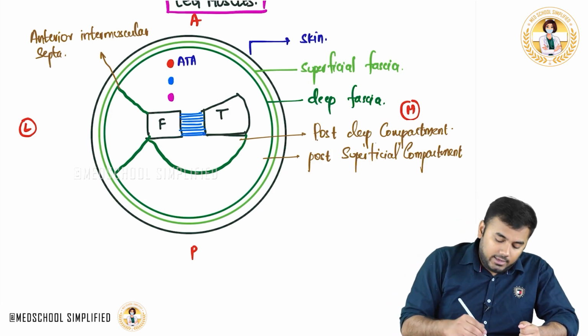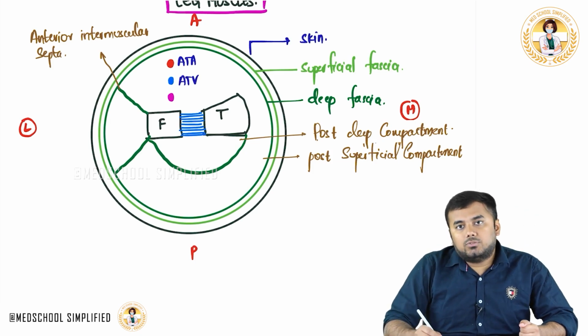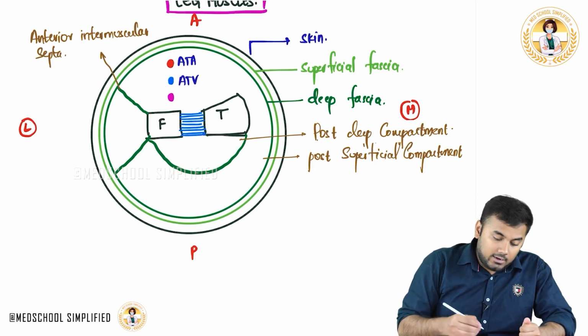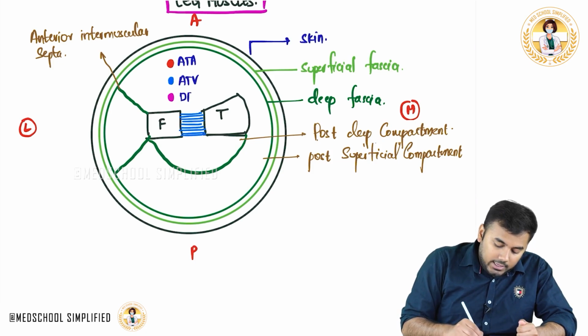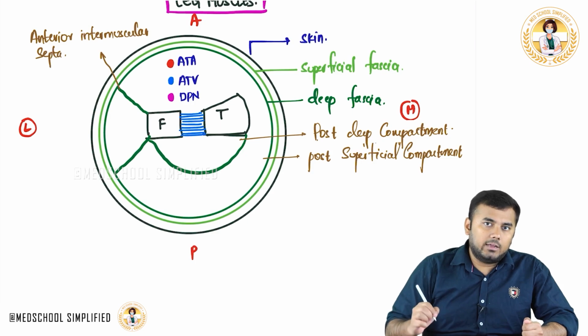And what is the vein here? Obviously the anterior tibial vein. ATV stands for anterior tibial vein. And the nerve here is DPN, which means deep peroneal nerve. I hope you are writing it down.